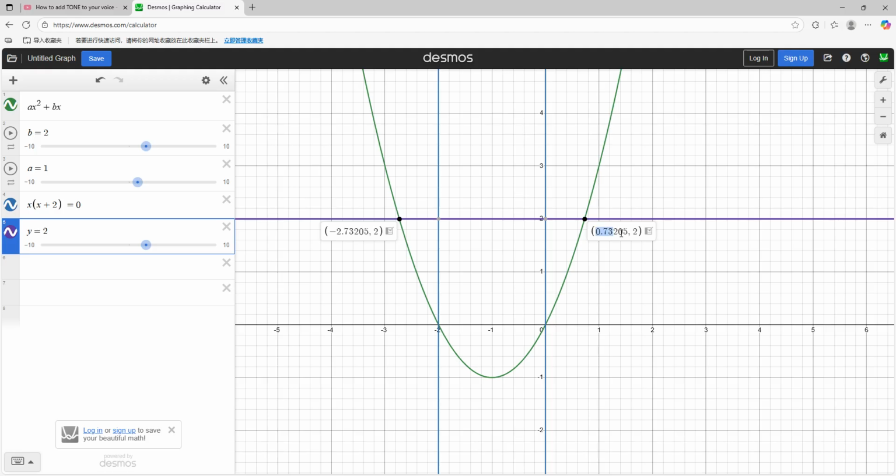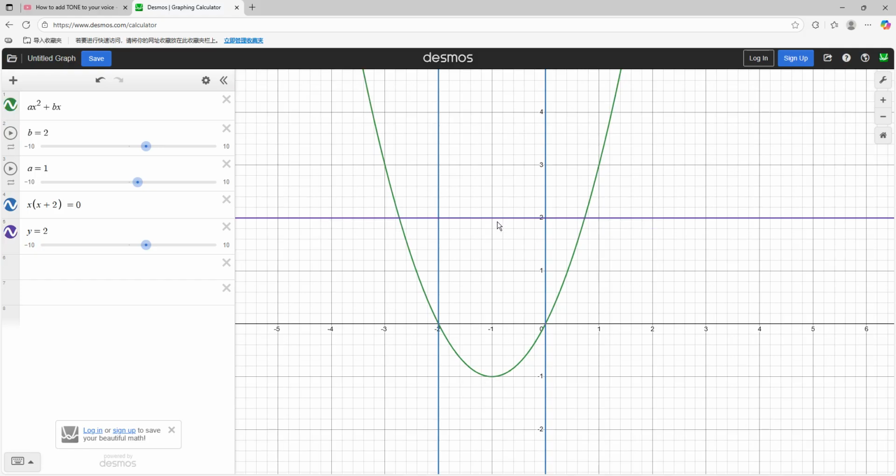You get a larger x and a smaller x, and you may observe that they have the same decimal places. To find the turning point, step 1, you add them together: 0.073205 and negative 2.073205 give you negative 2.